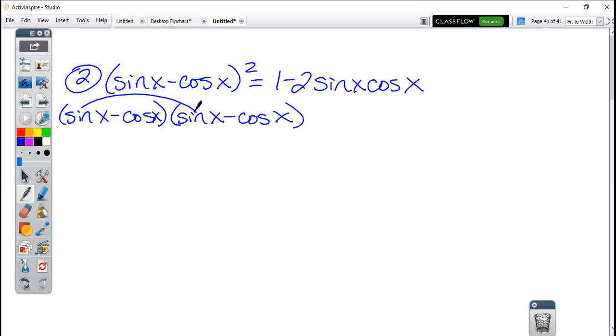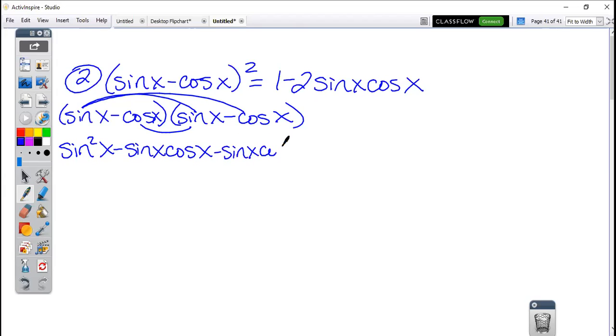So sine times sine is sine squared of x. Sine of x times negative cosine x is negative sine x cosine x. Have I blown anybody's mind yet? Everybody's good with that? All right. Negative cosine x times sine x is also negative sine x cosine x.